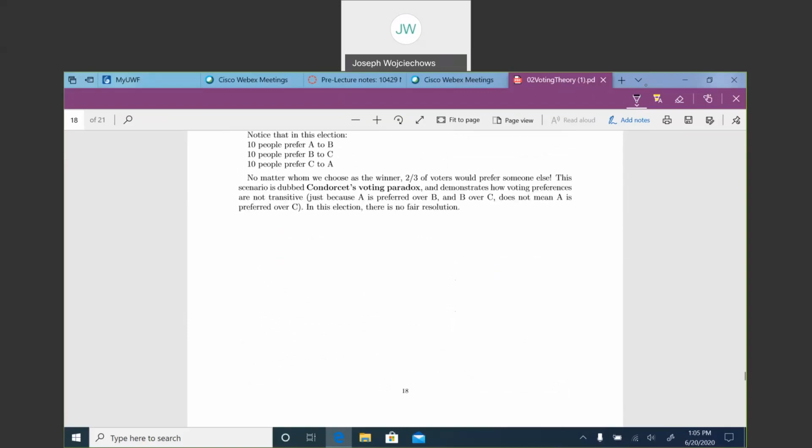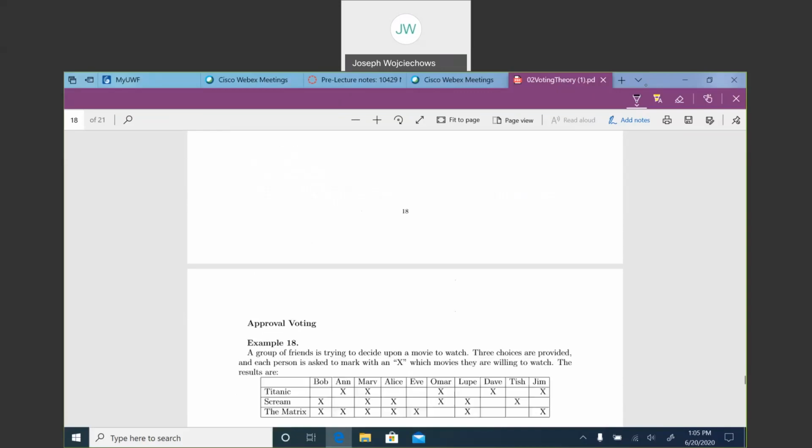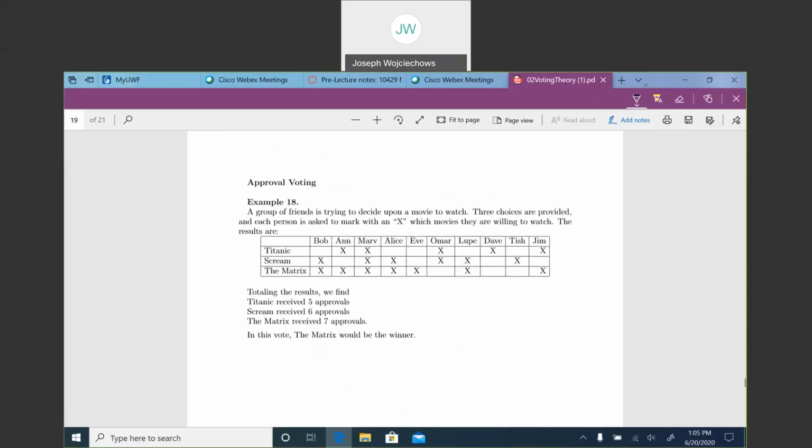Just because A is preferred over B and B is preferred over C does not mean A is preferred over C. In this election, there is no fair resolution. So the trick here is none of them are fair. The fairest you can get is by making it known in advance how a winner will be determined.